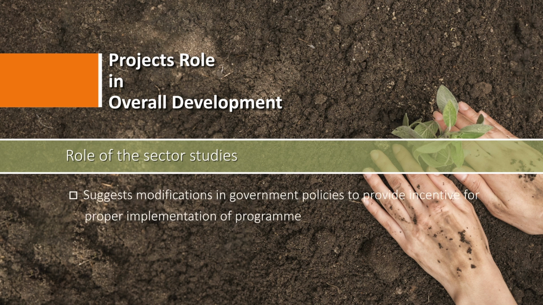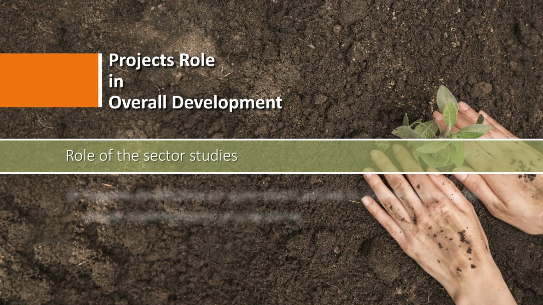This sectoral study also suggests modification in government policies. When we have data from the grassroots level, on the problems being faced by communities or societies, we can give some suggestions to the government, and we can suggest providing some incentive for proper implementation of the program also.